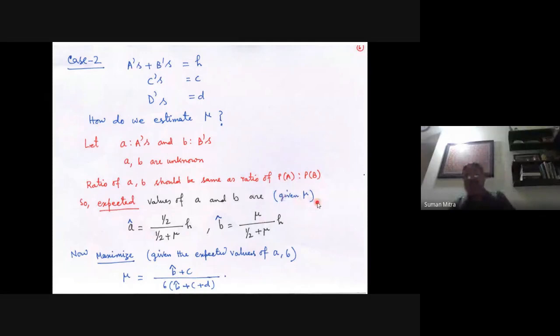And then in the second step, once we have the expected value of A and B, we simply find the maximum likelihood of mu and put that expected value of the data into that MLE of mu. So we get mu. The first step is usually known as expectation, and the second step is known as maximization of this parameter.